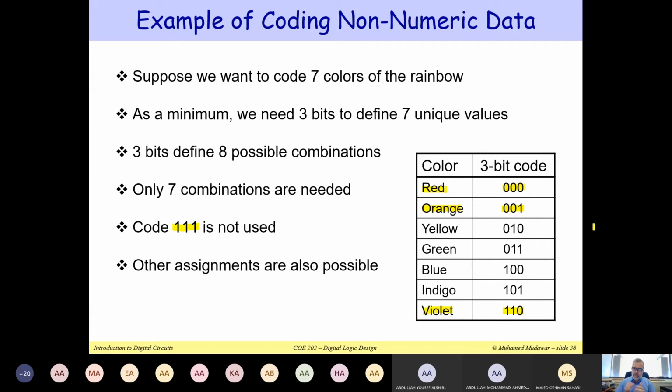For example, we can use 000 to indicate black, the lack of any color. So this is just an example of an assignment where we assign each color a 3-bit code. This is called coding.